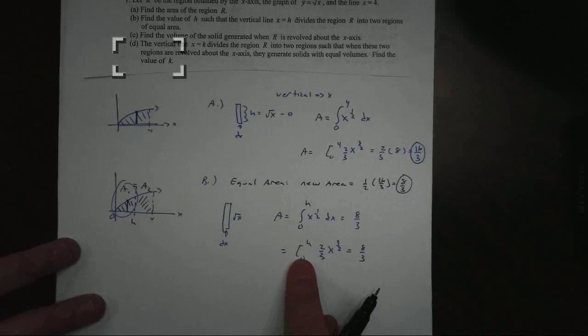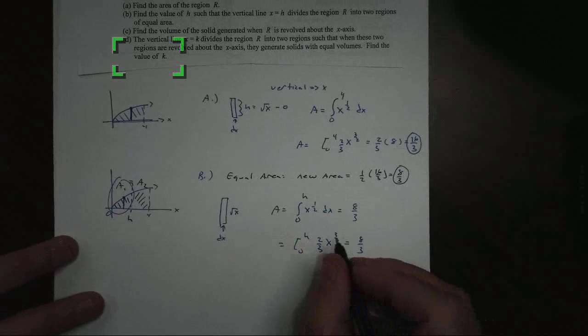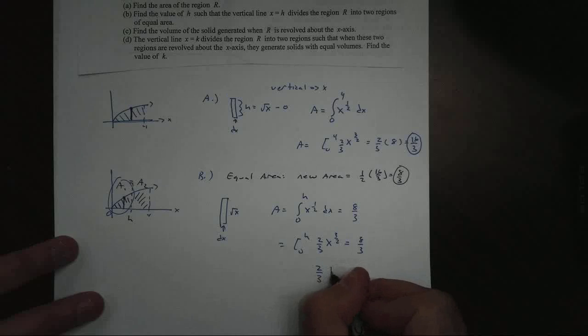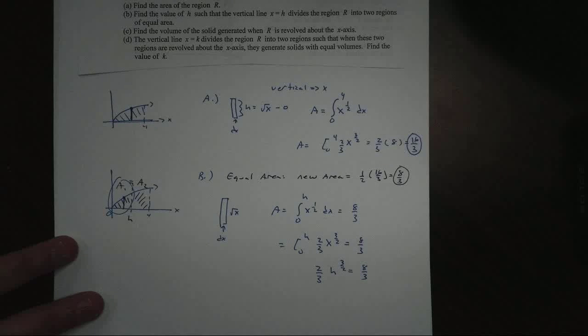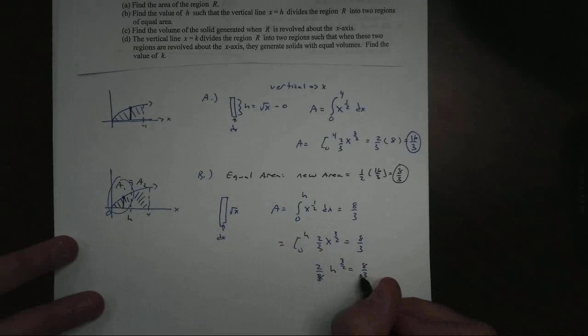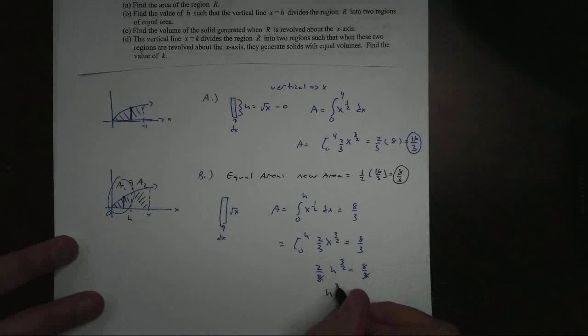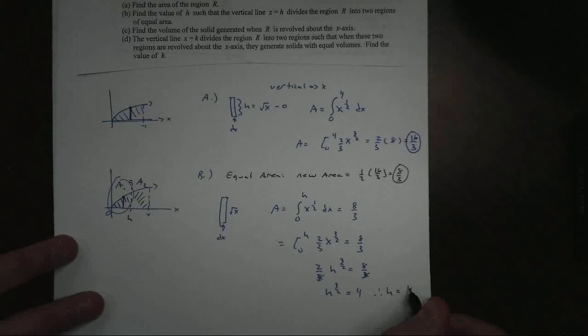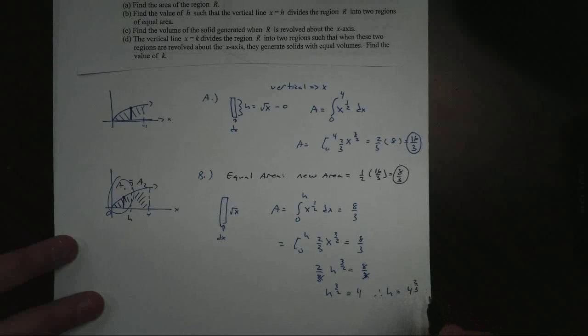Now, using our FTC, plug in the h, we get 2/3 h to the 3/2 has to equal 8/3. We don't worry about the 0 because it's just going to become 0. The 3's cancel each other out, so h to the 3/2 equals 4. So therefore, what's h going to equal? 4 to the 2/3.